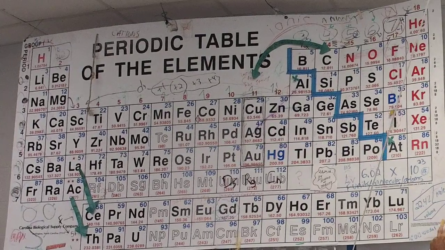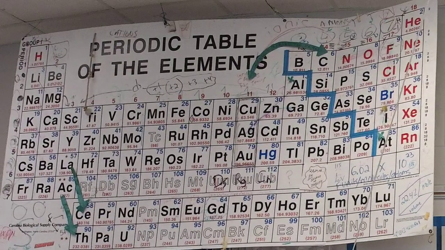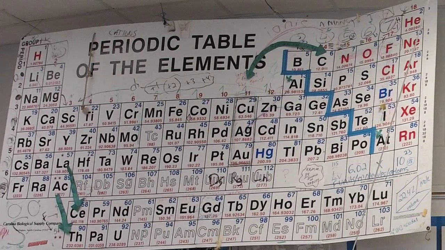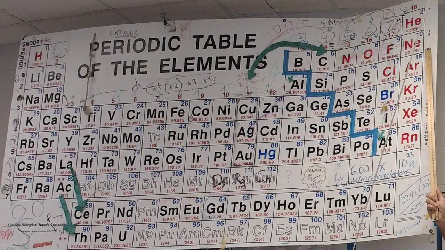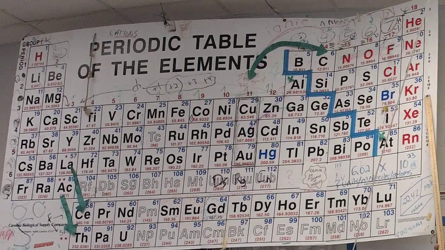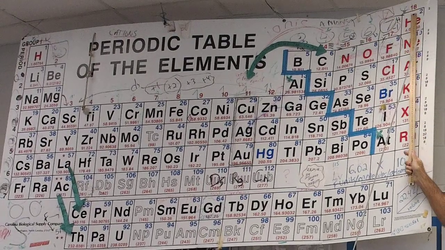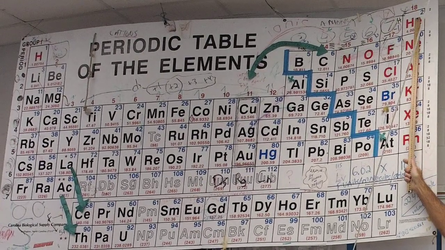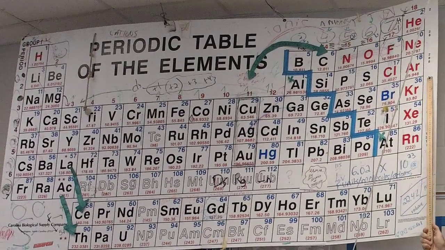Those 2 numbers are literally from the Bohr model. That's from the model of electrons in the atom. So all down the right-hand side, these are the numbers that tell you the Bohr model of these elements here in red, the noble gases. So this is literally showing you how to build the Bohr model.